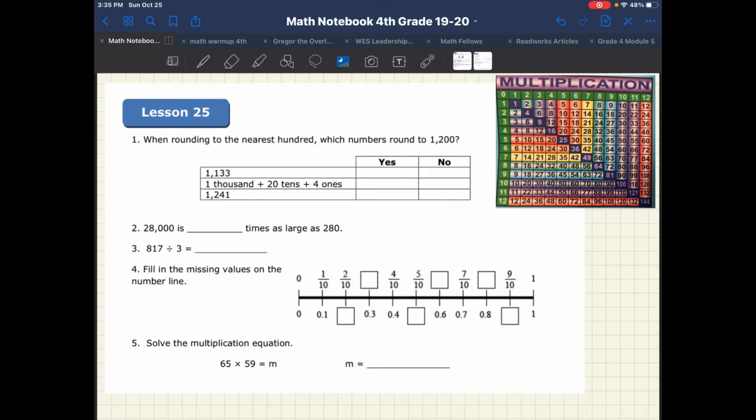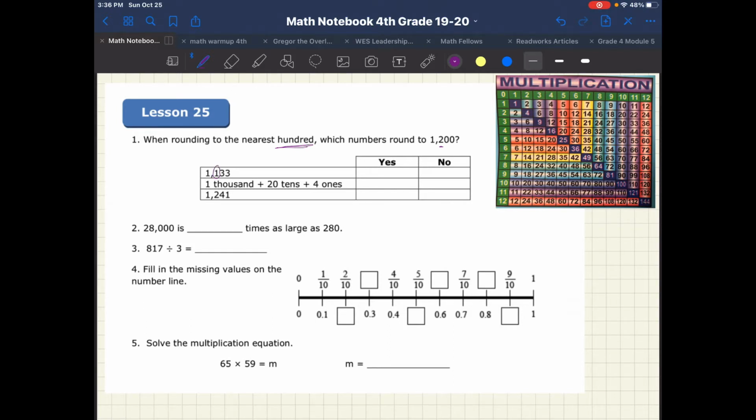Number one, when rounding to the nearest hundred, which numbers round to 1200? So I am wanting to round to that 2 in the hundreds place. So here's my hundreds place.